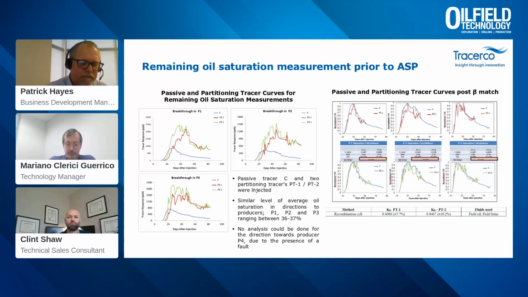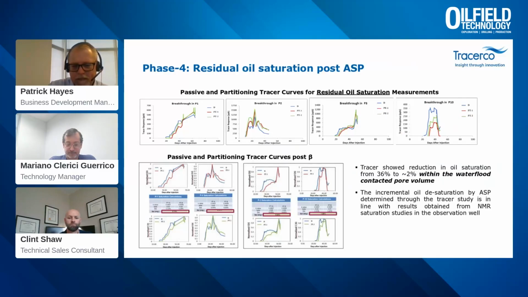Off to the right is where the sophisticated calculations and software usage that Mariano does works out the remaining oil saturation. And based on this particular case study, we were able to accomplish the pre and post measures that presented a change from 36% to a mere 2% within the swept pore volume.